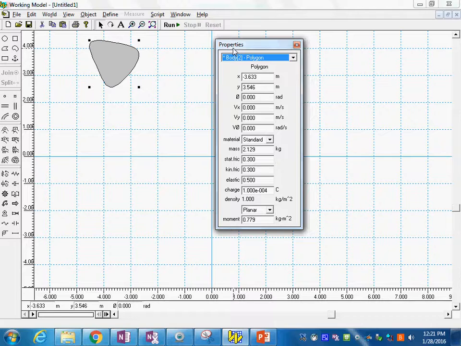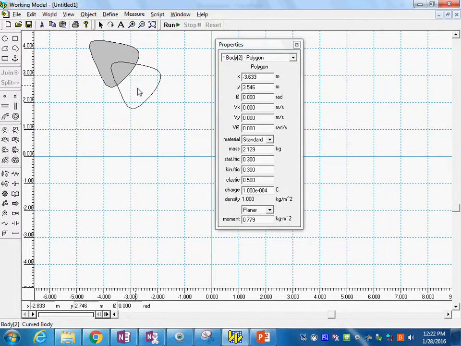In a CAD package, you make a drawing and it has lines and dimensions, things like that. But this one instead has rigid body properties. From the very beginning, it's very important that you understand what we're doing here.